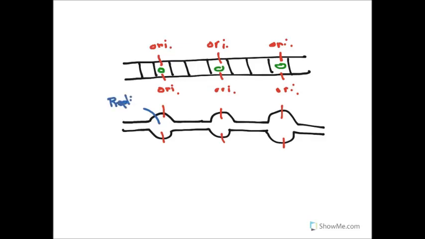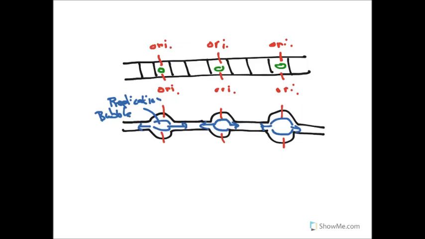So a replication bubble has been formed, and as we go in this bubble, new DNA is being formed here. New DNA is getting formed at these bubbles. And as the new DNA is getting formed, DNA is going to continue to replicate both directions from the bubbles. And as they do this, what is going to eventually happen is the bubbles will spread.